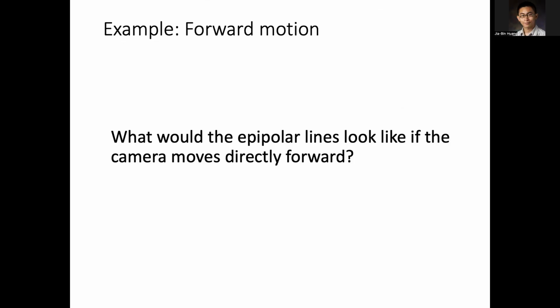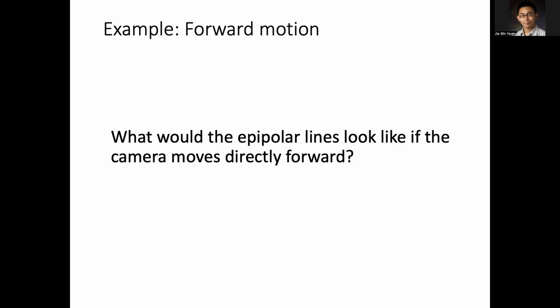So you have to think about it in terms of the epipole. All the epipolar lines, basically the lines projected onto the image, will pass through the epipole. The epipole is the projection of the other camera center onto this camera.